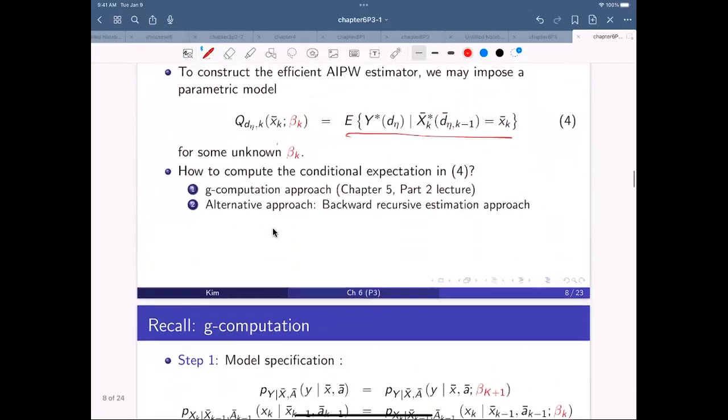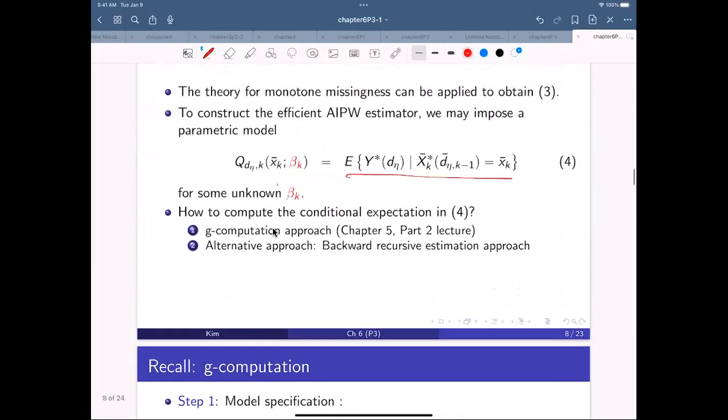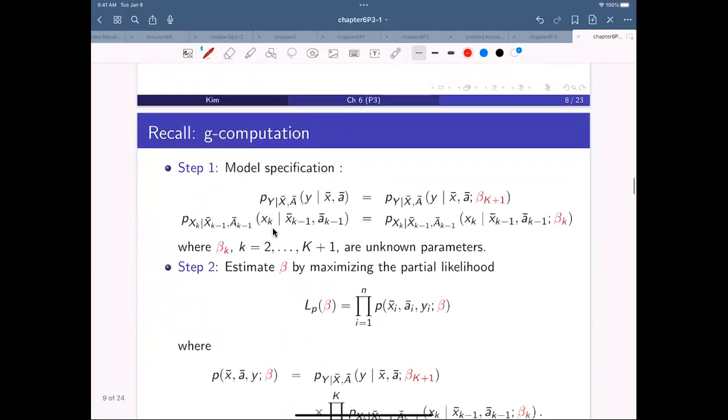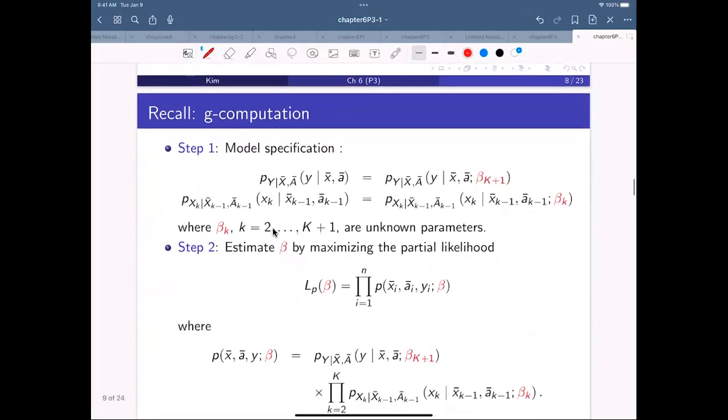So what do we mean by G computation? Basically, G computation is essentially a tool utilizing the identification condition. As long as you can factorize the conditional distribution, then you know how to estimate each component from the observed data.